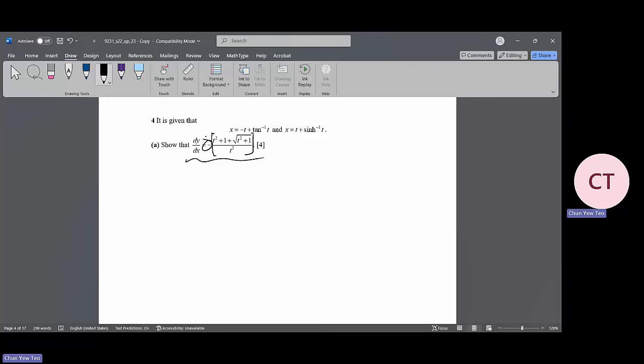There's a negative here. So what we need to do is differentiate the parametric equations. dx/dt, you get negative 1 plus 1 over 1 plus t squared. This is a typing error. Your dy/dt is 1 plus the derivative of the upper part, which is 1 over the square root of 1 plus t squared.